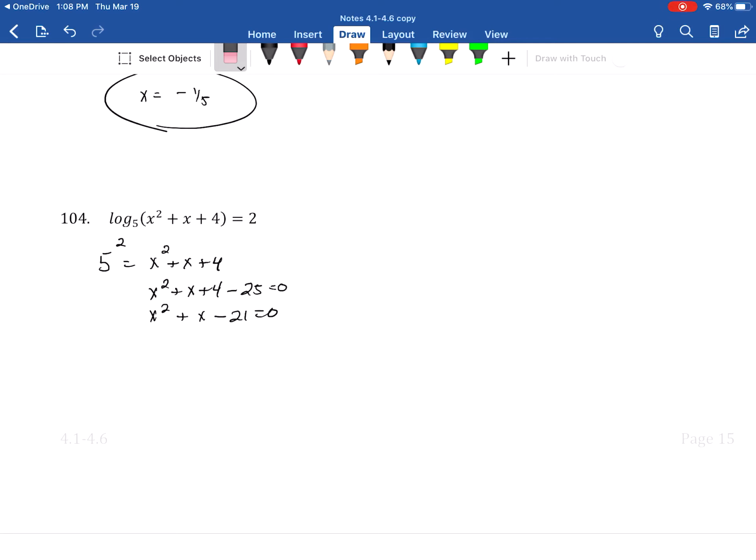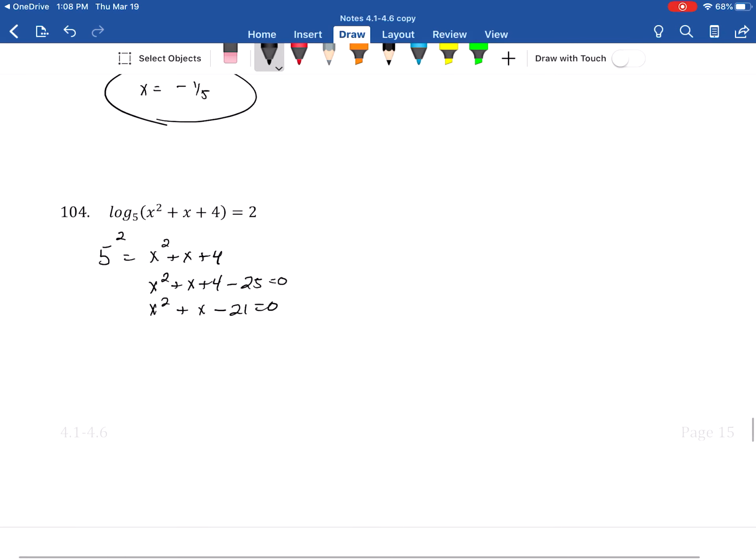Quadratic formula says we take, whoops. Give me 1 second. Okay, solve using the quadratic formula. I couldn't find a way to factor because I could not find two numbers that multiply to give us negative 21 and add to give us positive 1.